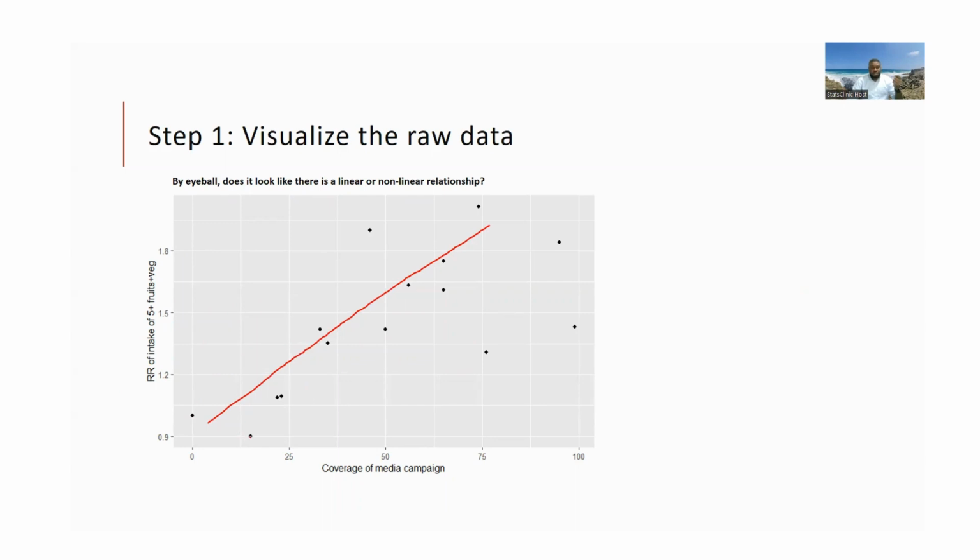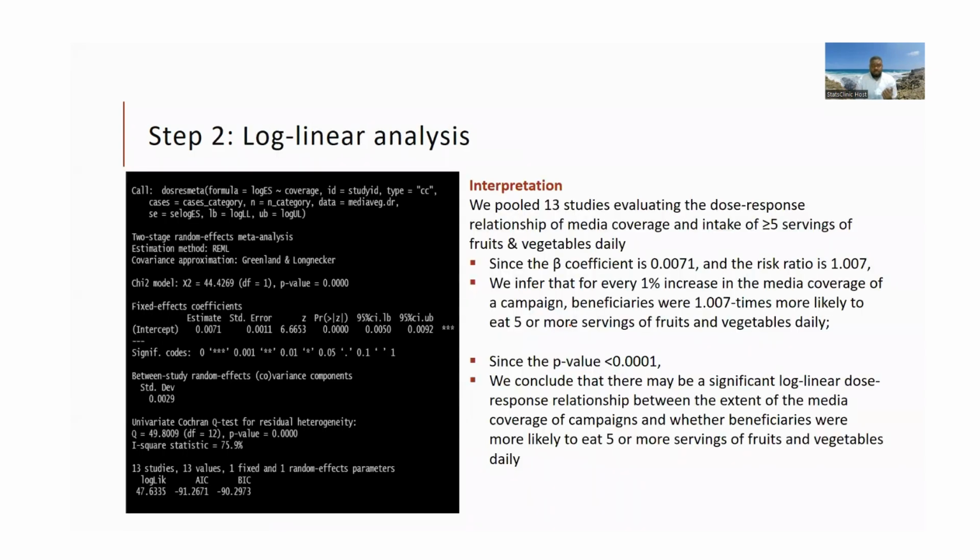Another person might say, maybe this is the correct line. There are multiple different shapes for the curve, depending on what's reasonable. So the first thing you want to do is look at the data and ask yourself, what's the shape that this is likely to be?